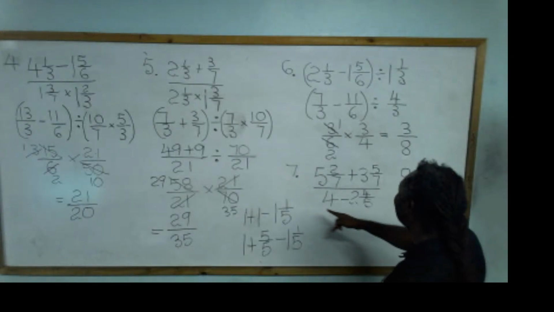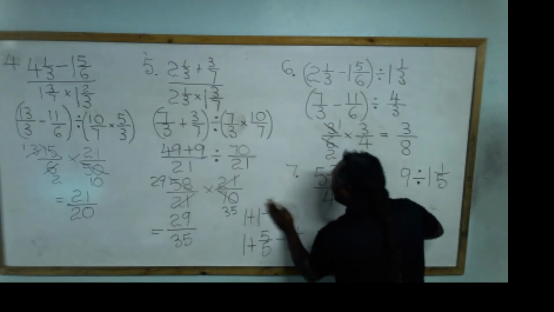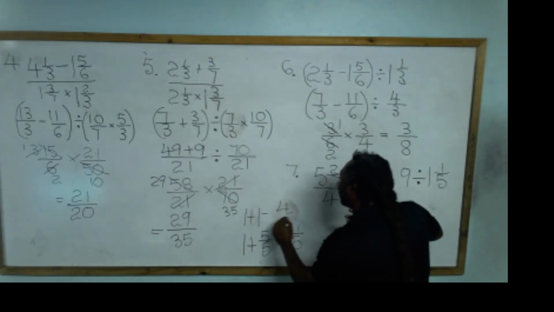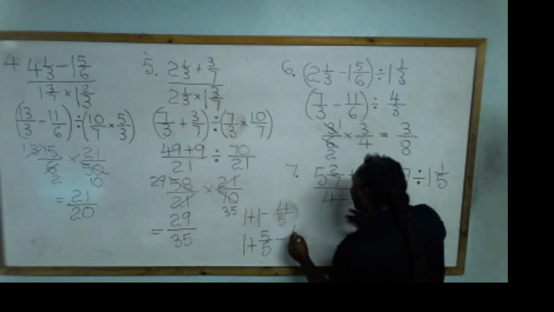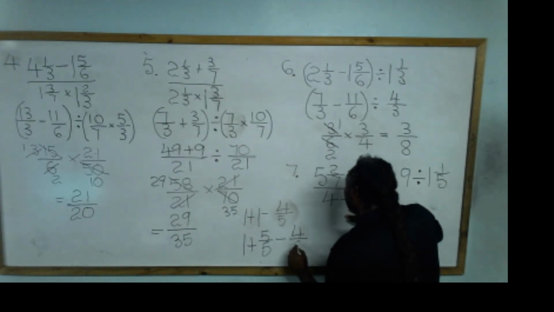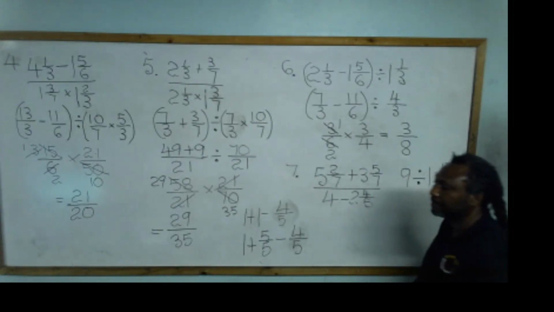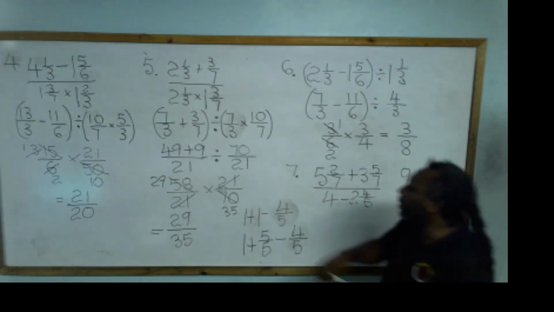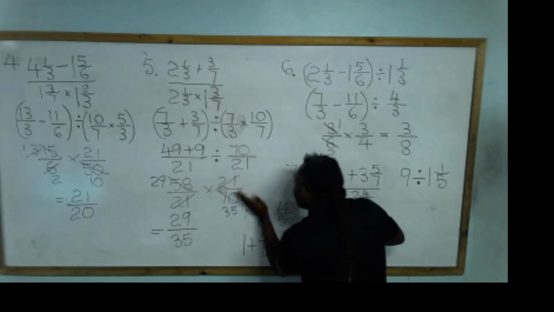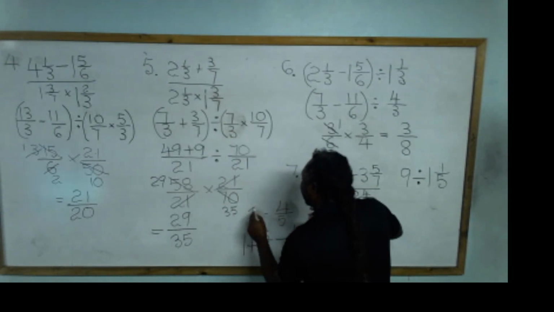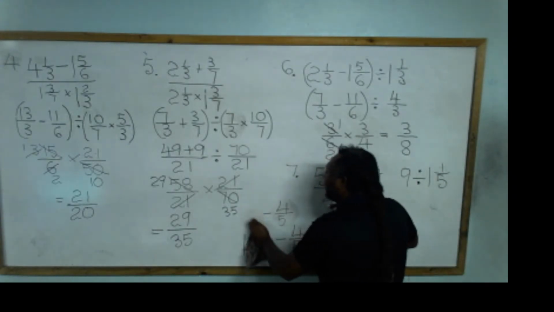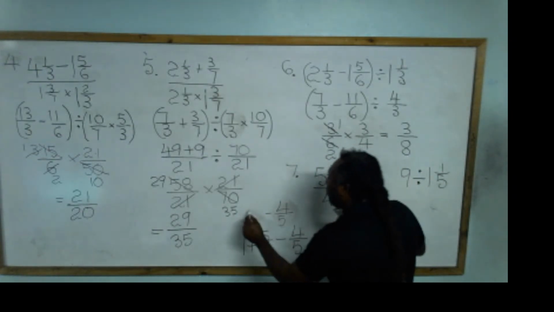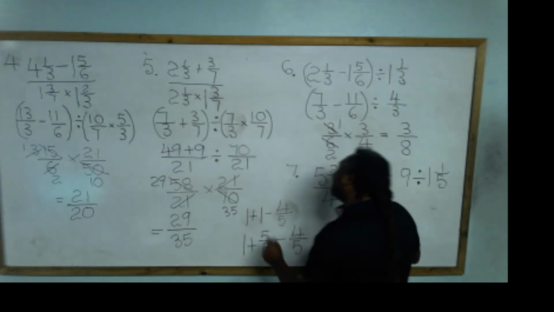What were we doing? We were taking away 4/5. So this 2, we take out the 2, and 2 is 1 plus 1.